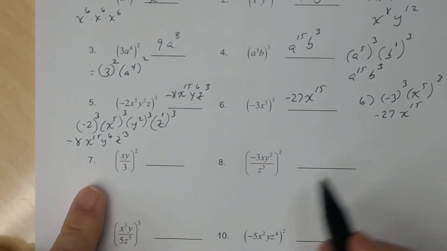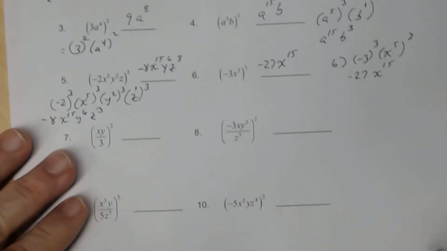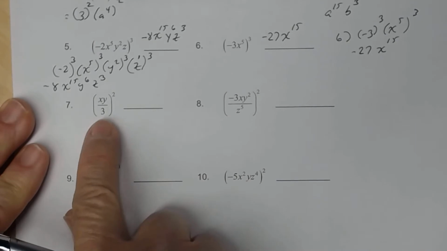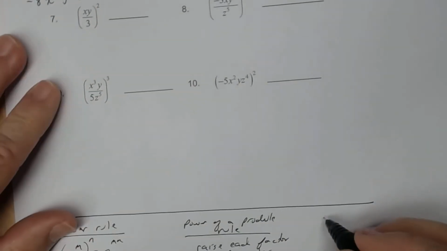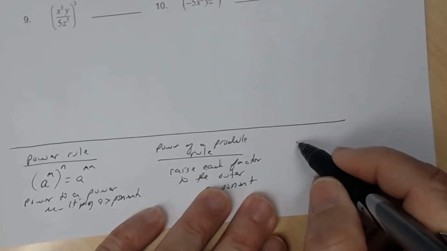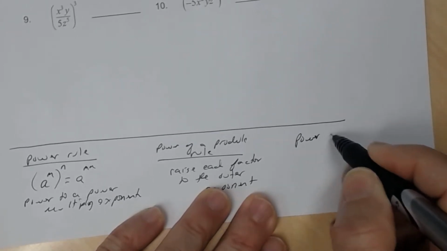Okay, number 7. Now this is where you have fractions here in numbers 7, 8, and 9. So this would be called the power of a quotient rule. Just like the power of a product rule, this is where you're going to use the power of a quotient rule.